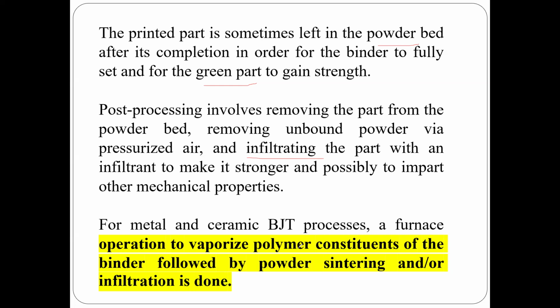So what happens when you leave it inside the sintering furnace? This binder sometimes evaporates or drains out of the part itself, leaving only the powder particles together. As a result, these powder particles sinter with each other. So this is what is being referred to in this slide.